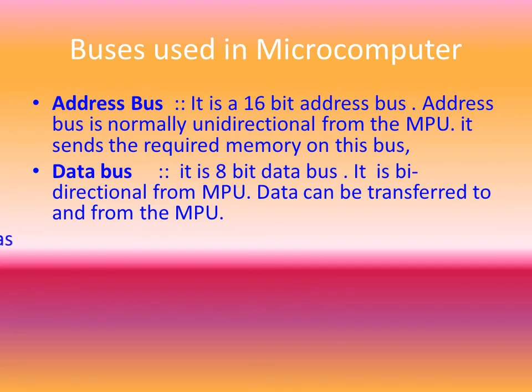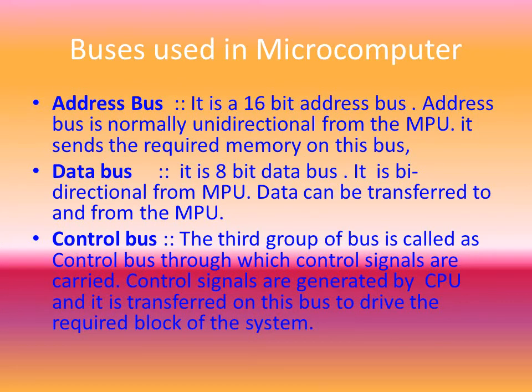Data bus is 8-bit, so you can transmit 8-bit data on this bus, and this is bidirectional. Bidirectional means CPU can send data on this bus or receive data from this bus. Now, third is your control bus. So control bus is used to control all the signals generated by the system.